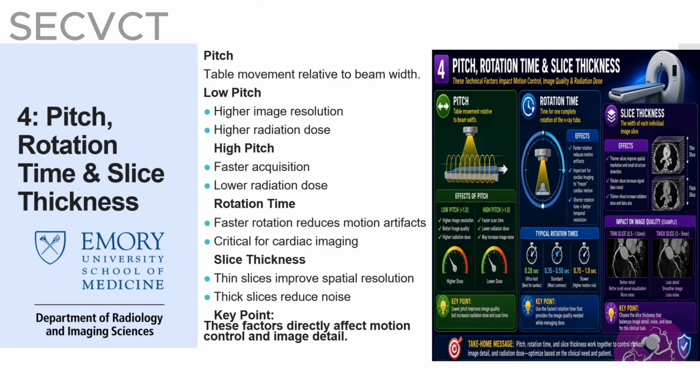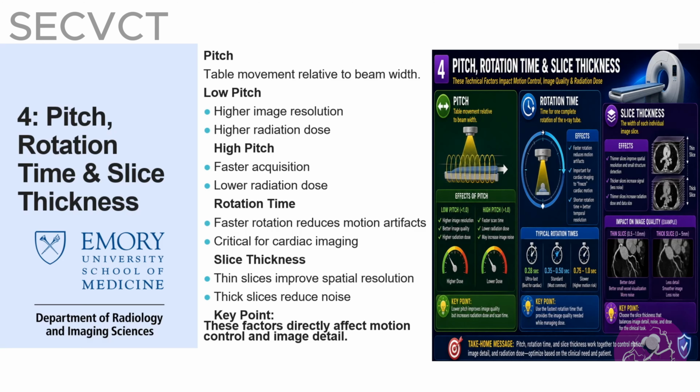Your pitch: table movement relative to your beam width. Low pitch, higher image resolution, higher radiation dosage. High pitch, faster acquisition, lower radiation dosage. Your rotation time: faster rotation reduces motion artifact. That is so critical when we're doing cardiovascular imaging.